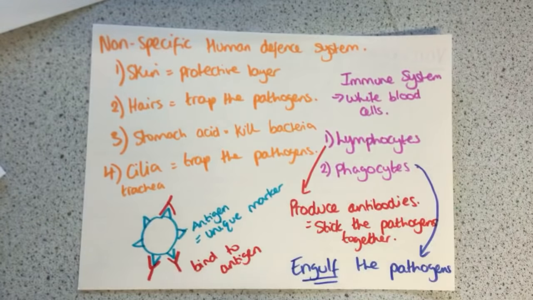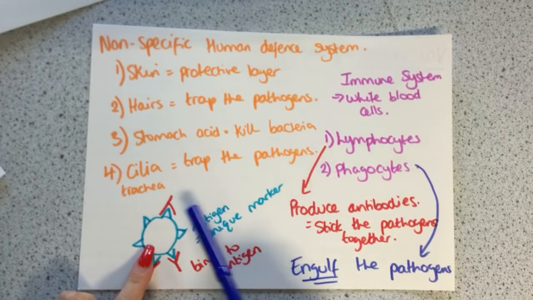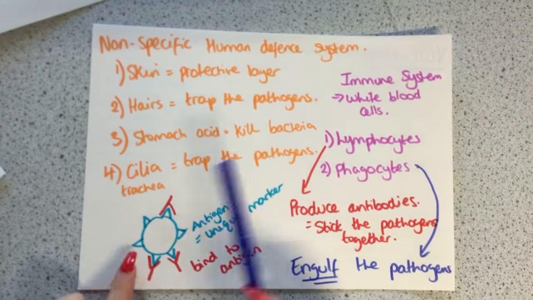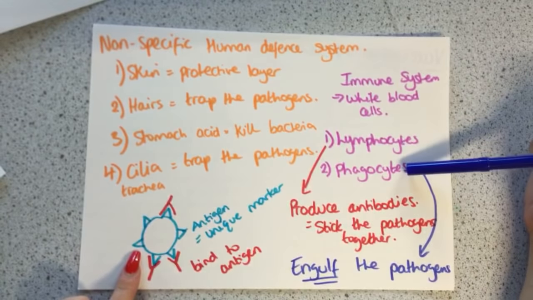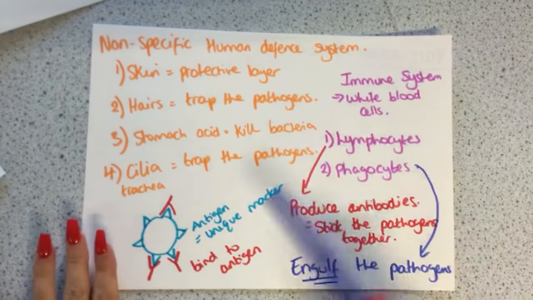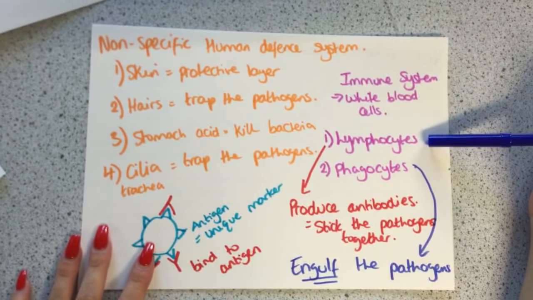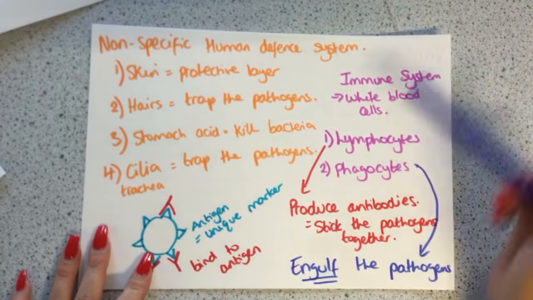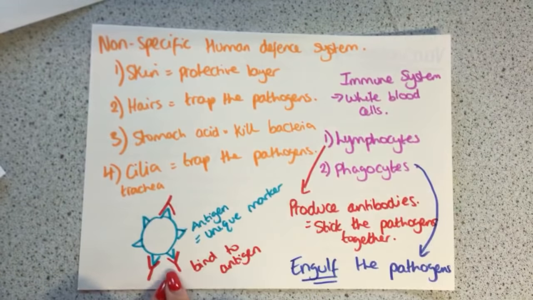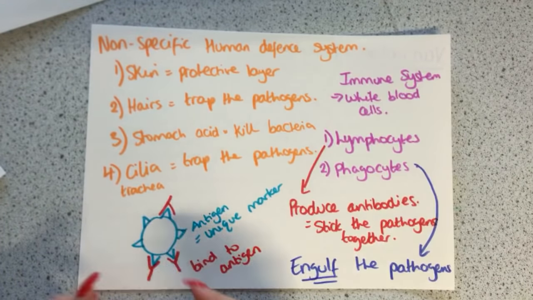Yeah, please. Right, so antigens are unique markers on the outside of every cell. You've then got two types of white blood cell, which are going to come along and hopefully get rid of these pathogens. So lymphocytes are the ones that work first. They produce the antibodies, which are the complementary shape to the antigens. So they bind to the antigens and cause all the pathogens to stick together.